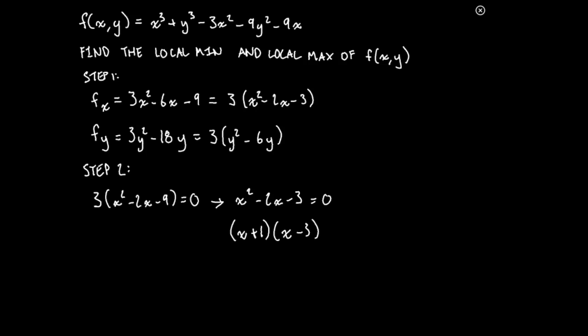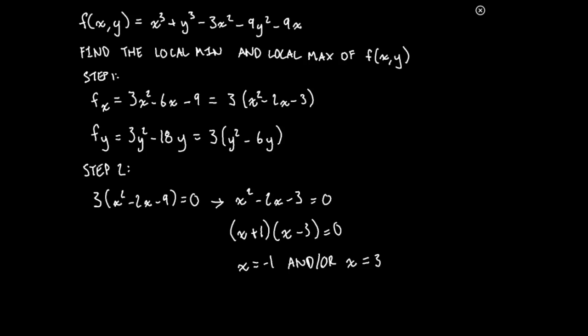All right, so then our two possibilities for x, because either one of these could be 0 or both of them, is that x equals negative 1 would make this first term 0, and or x equals 3 would make this second term 0.